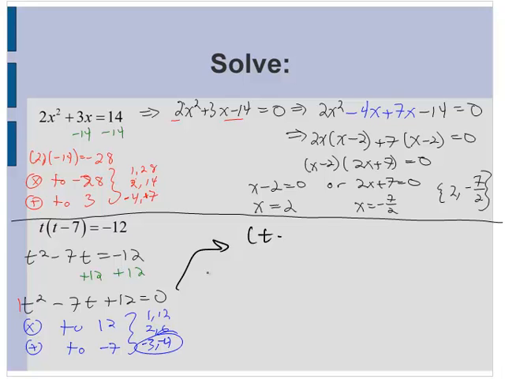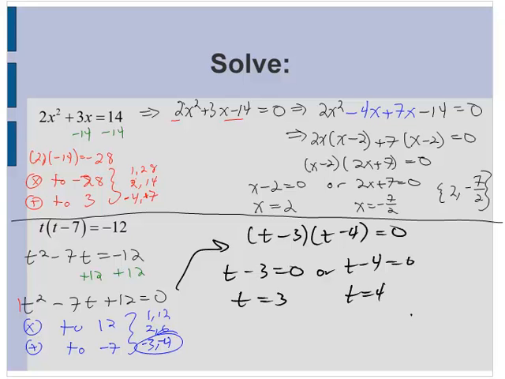So that would become t minus 3 by t minus 4 is 0. So t minus 3 equals 0, which implies that t is 3. T minus 4 equals 0, which implies that t equals 4. So we have 3 and 4 as the solutions.